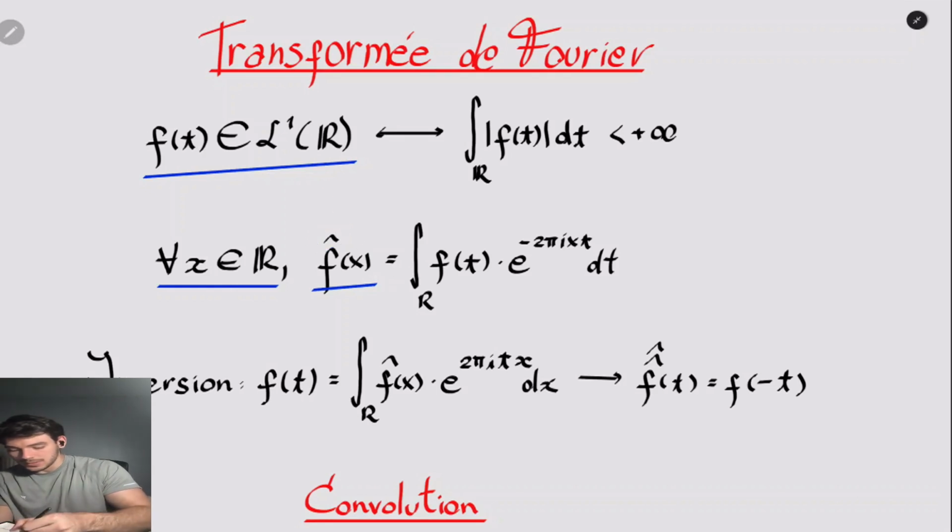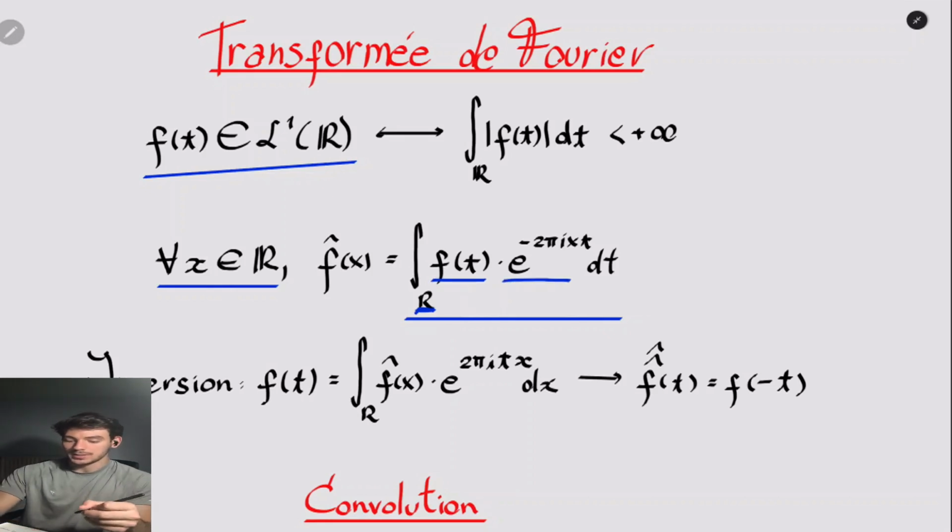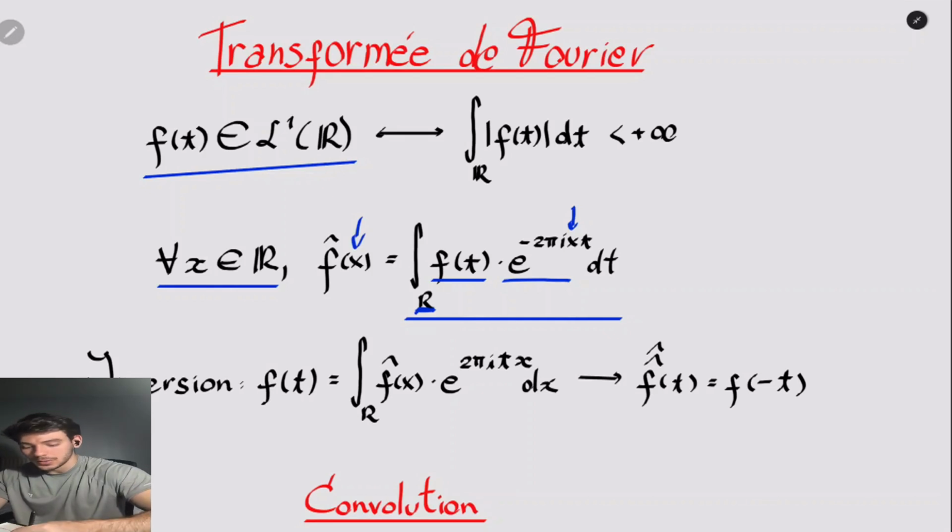The formula is equal to the integration, considering the real numbers, of your function times the exponential of minus 2 pi i x t dt. Here you're considering x as a constant, so that's why it appears in the final result, and you're integrating in t, since the domain of the function that you want to transform is t, okay? So that's just the formula that you're using.